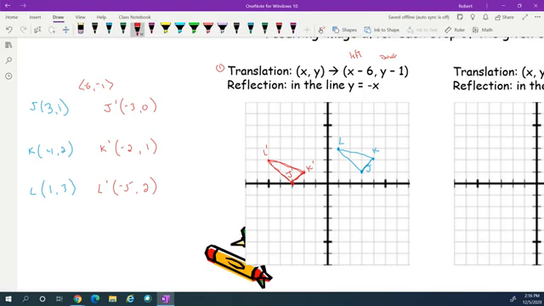Step 2: we're going to reflect over the line y equals -x. So I might want to see that line, y equals -x. And again, we have to be able to graph that. Y equals -x.